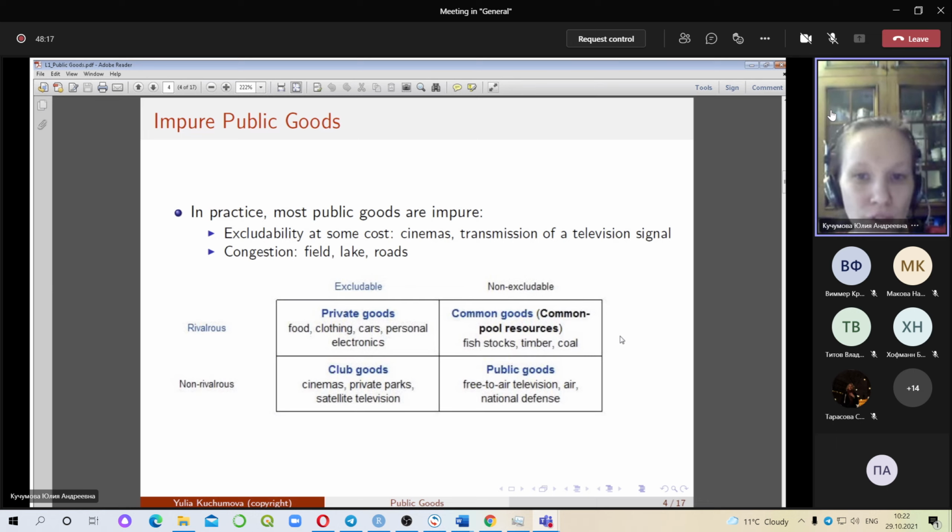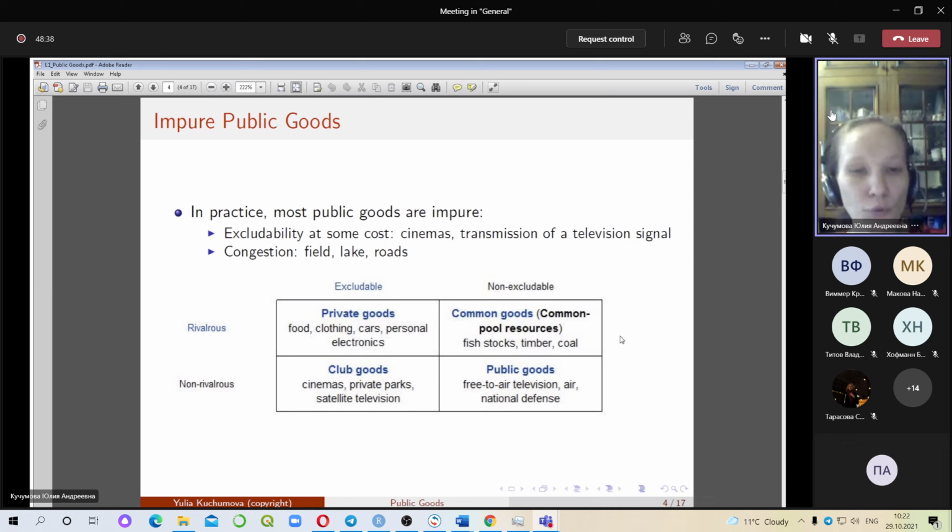And the second reason for imperfection could be the existence of congestion. This is immediately clear when we think about roads. Roads are a public good, right?